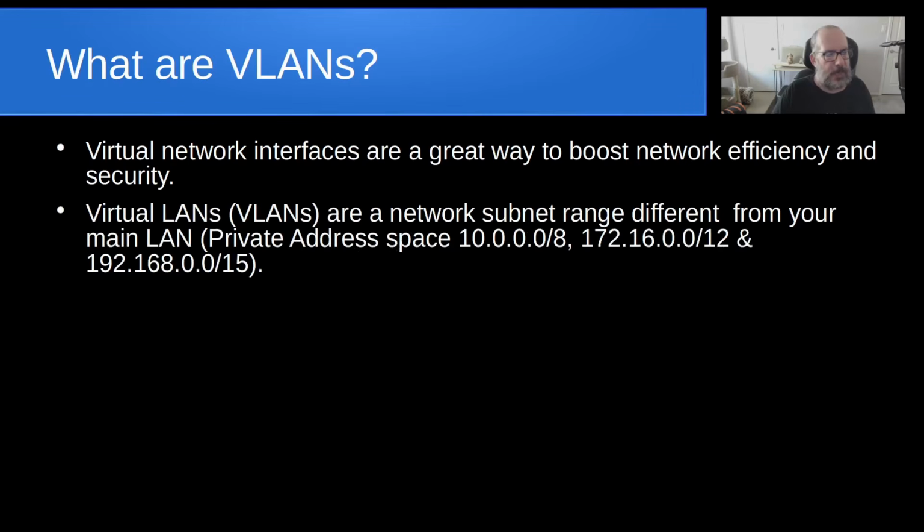And virtual LANs, or VLANs, are a network range different from your main LAN, and most people by default use the 192.168.1 network. VLANs typically use a private address space that is different from the public address spaces on the internet, although companies have dedicated public address spaces that they use.